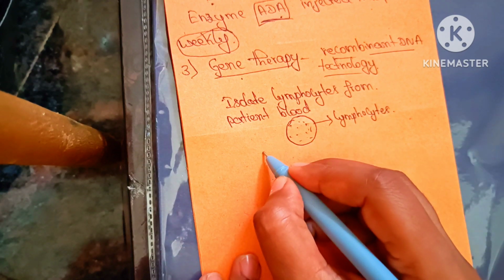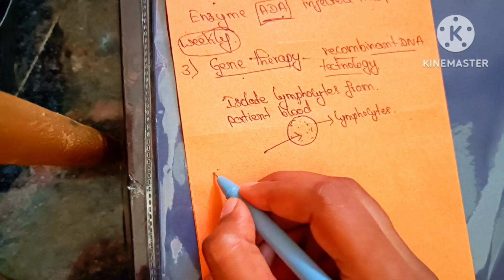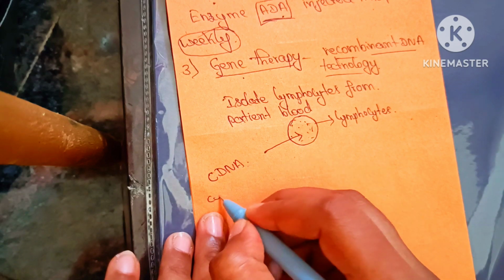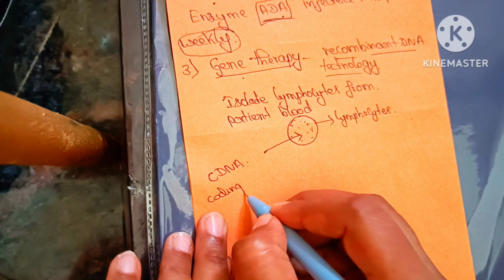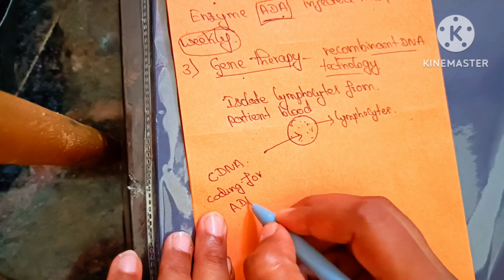To these lymphocytes, they will transfer a cDNA coding for the enzyme ADA.